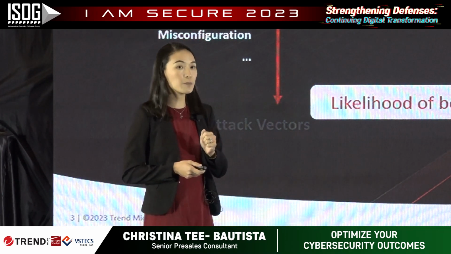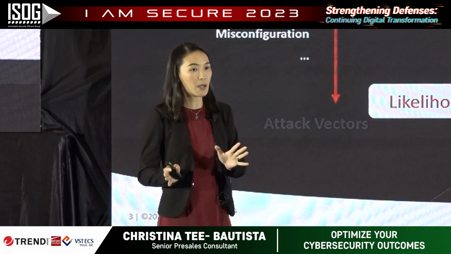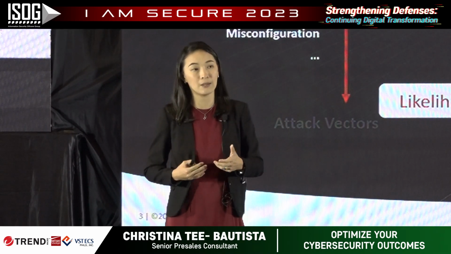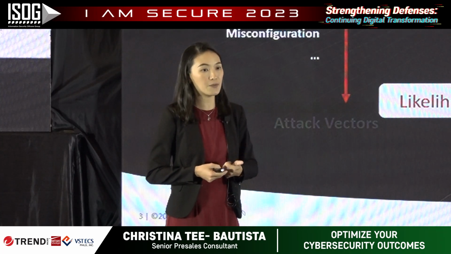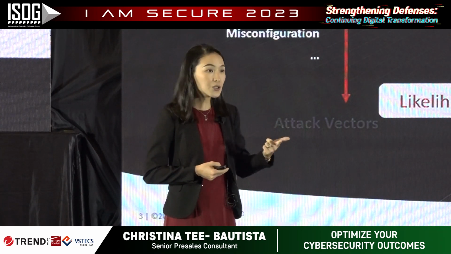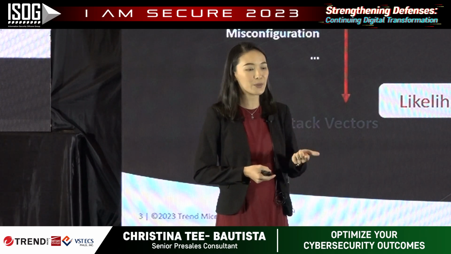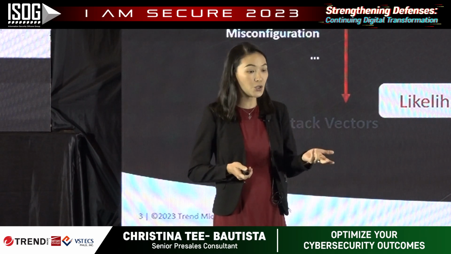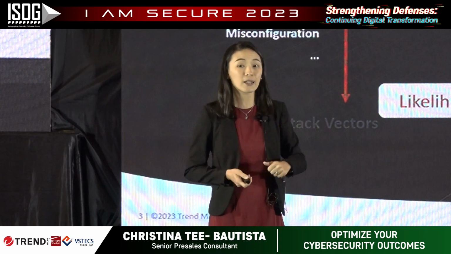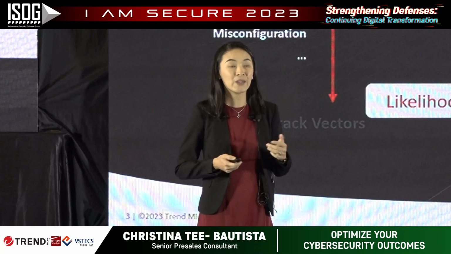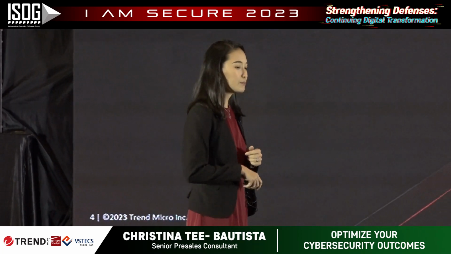And aside from the cyber assets, to be able to gain visibility, of course, we need to be able to assess what are the vulnerabilities involved, what are the exploits that could possibly be done on your cyber assets. And of course, the likelihood of being exploited or attacked and the impact. We have to look into all of this when we talk about the attack surface nowadays.